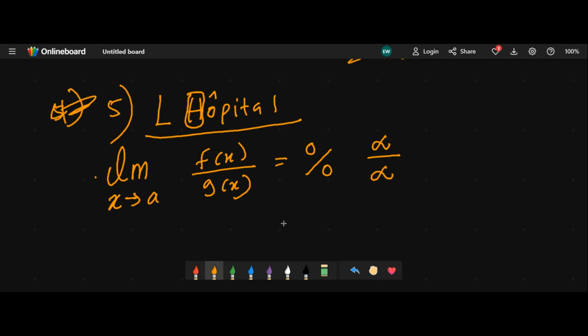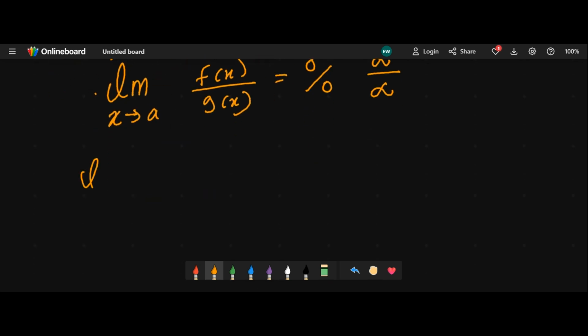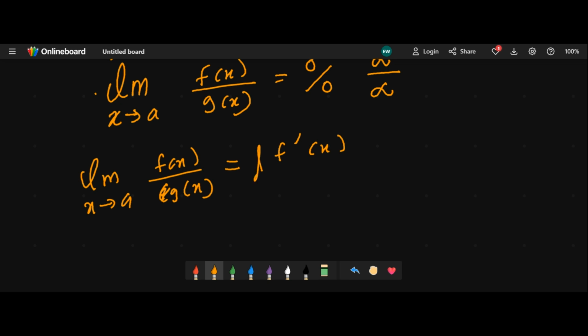The rule says the limit as x approaches a of f(x) divided by g(x) is equal to the limit as x approaches a of f dash x divided by g dash x.